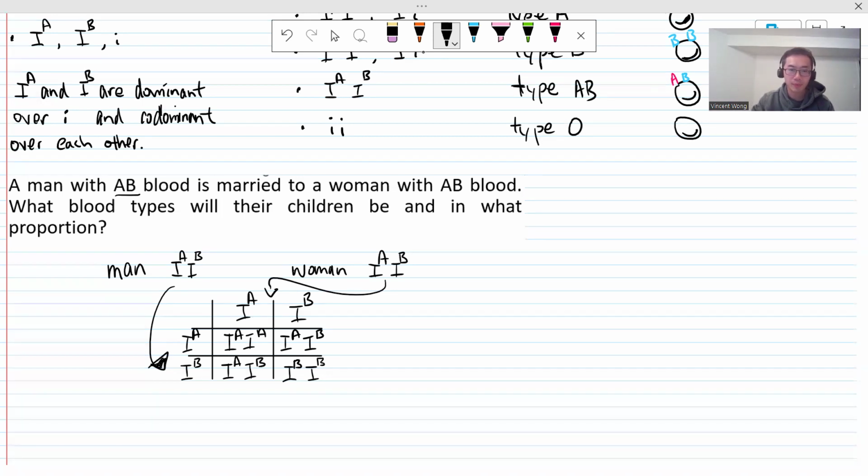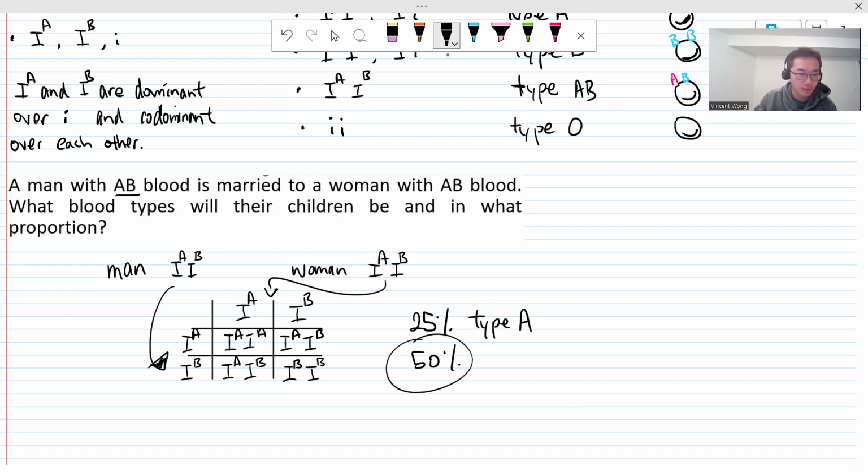So help me out here. What's the percentage for the blood type? Anybody? IA IA is 25%, 25% type A, very good. And type AB 50, and type B is 25.